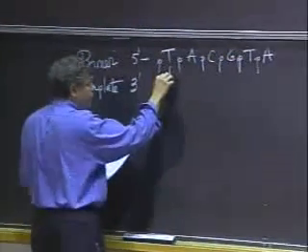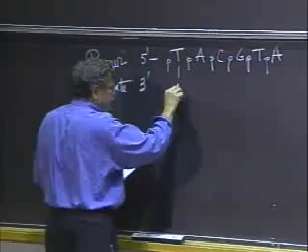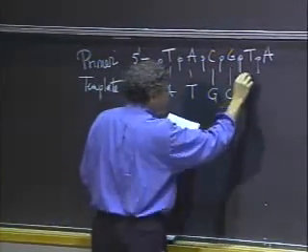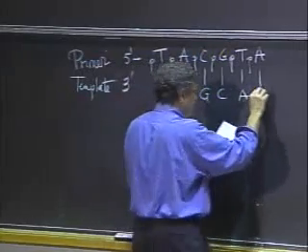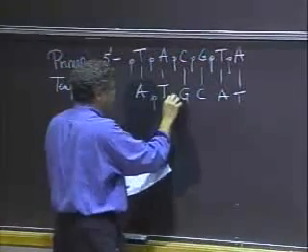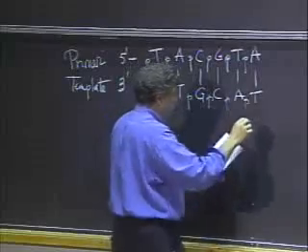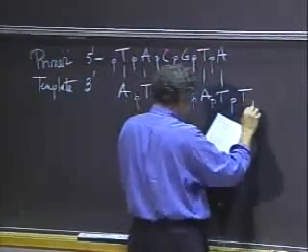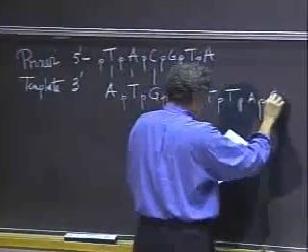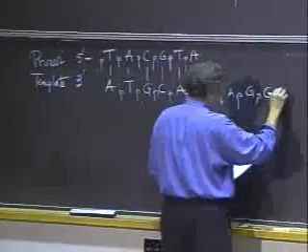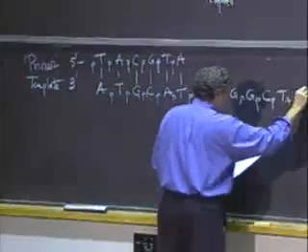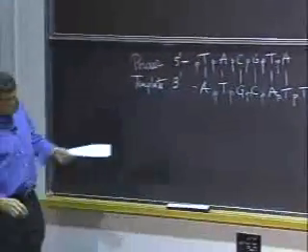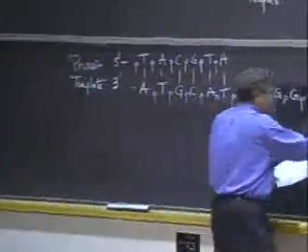What matches the T? A, keep going, T, G, C, A, T, and phosphates. I'll stop writing the phosphates in a while. Let's say T, A, G, G, C, etc. This is the 5' end. That is the 3' end. Okay? And this one will go on further, let's say.